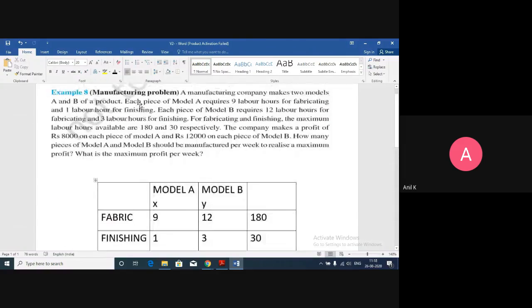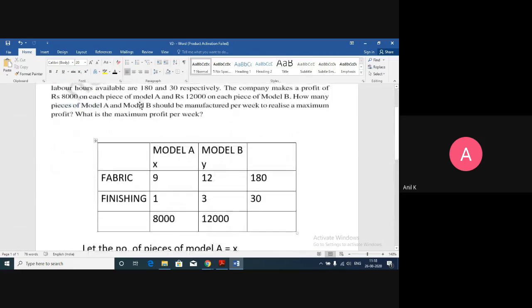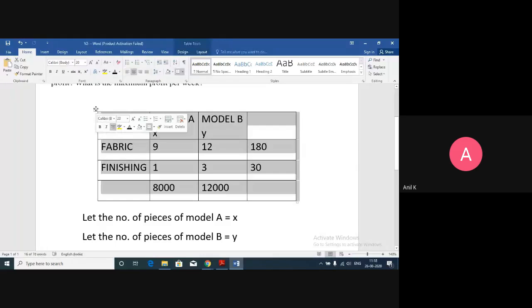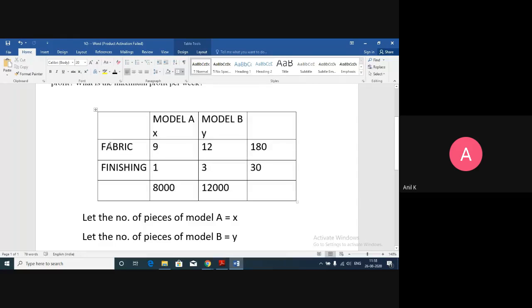First, from the given question, make the tabular form, easy to read, easy for you to understand, and easy to make the equations. It's not compulsory to make the tabular form, but I suggest you make the table. Take model A and model B, then the types of work, fabricating and finishing. Substitute the values.